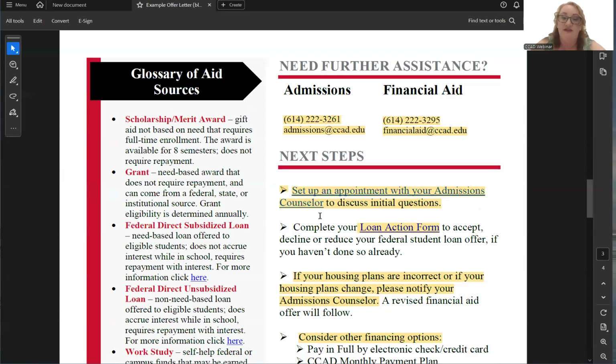So for your convenience, we have added the general admissions phone number and email at the top of this page, as well as financial aid's phone number and email. Okay.